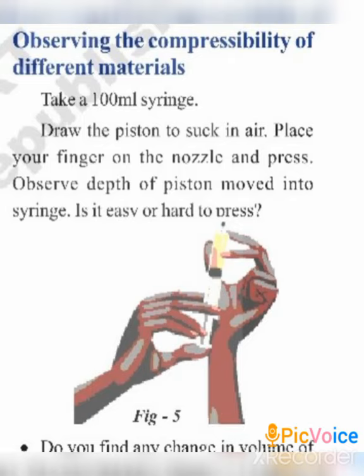To understand it, we take the help of a syringe. So first we will do the compression with respect to liquids. Fill the syringe with liquid water, close the nozzle of the syringe with your finger and try to press the syringe. You can observe that the syringe only moves to a minute extent.